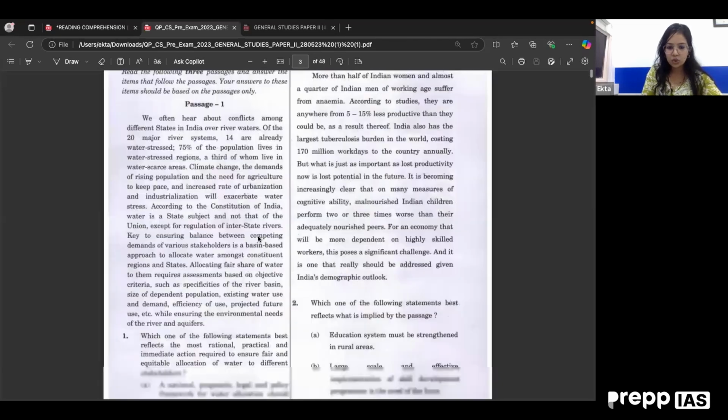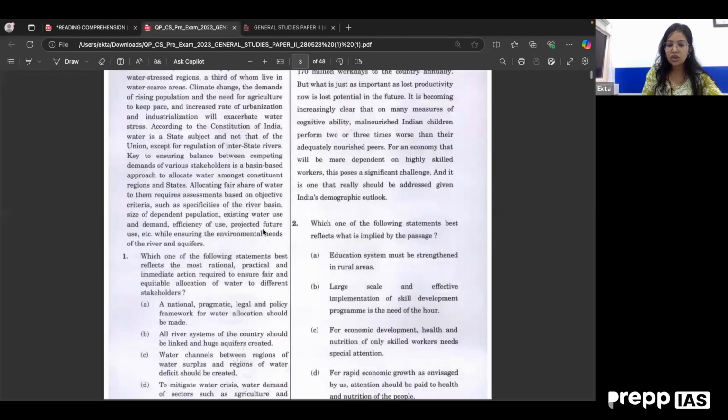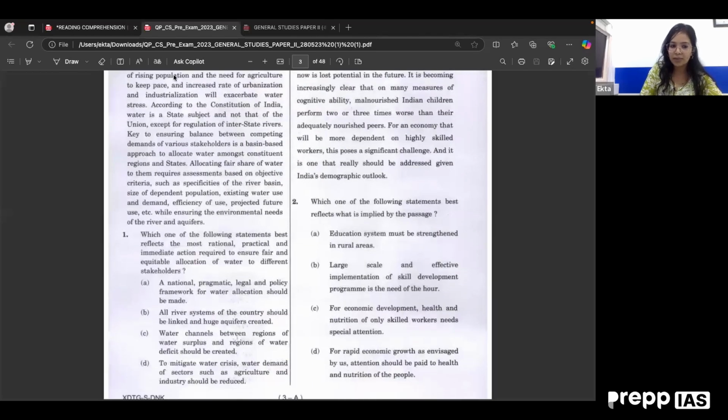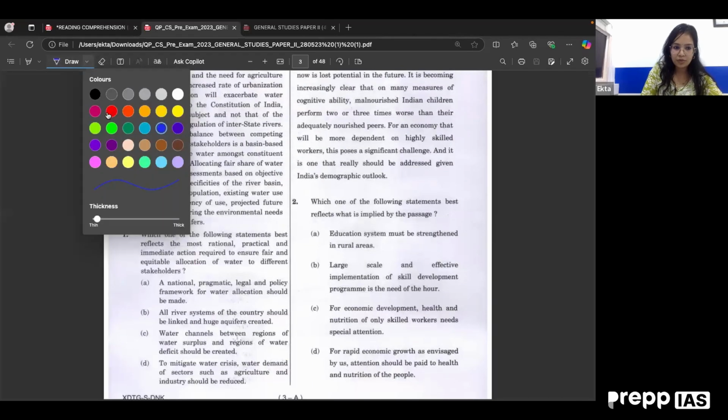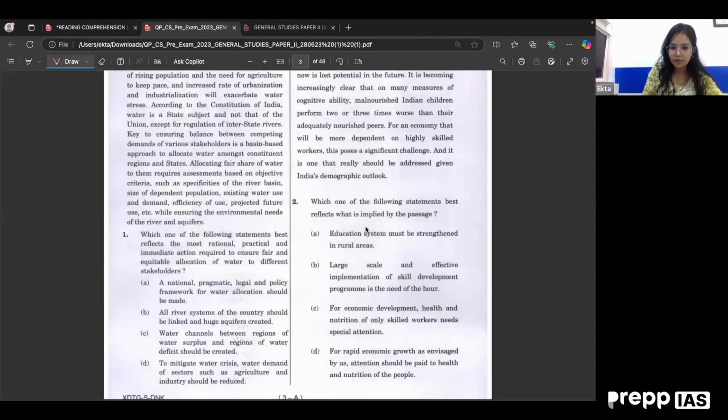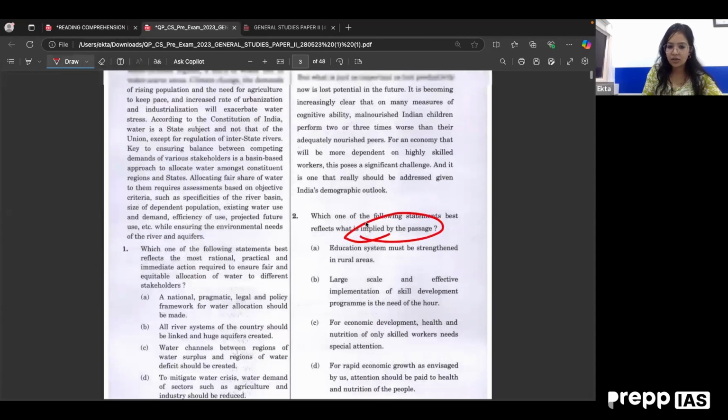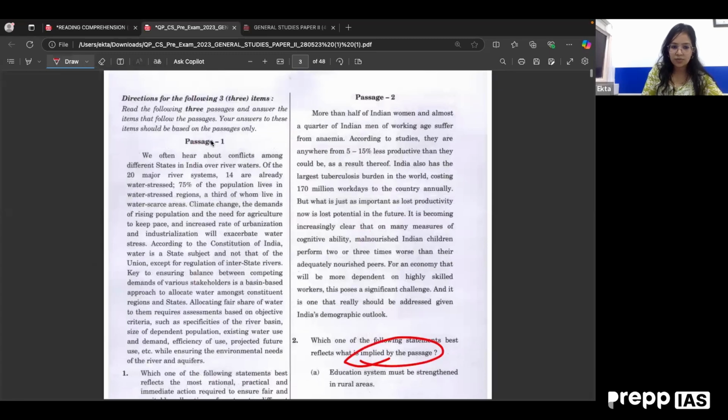Starting with question number 2, it is about best reflects implied by the passage. What is implied? Please read the passage.